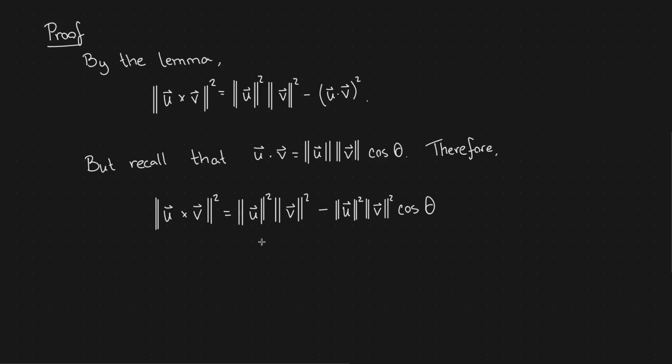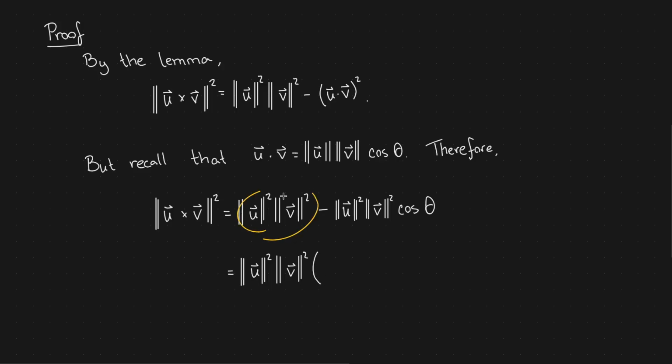Okay, and now on the right-hand side here, notice I have some factors I could pull out from both these terms: norm of u squared times norm of v squared. So let's go ahead and factor that out.